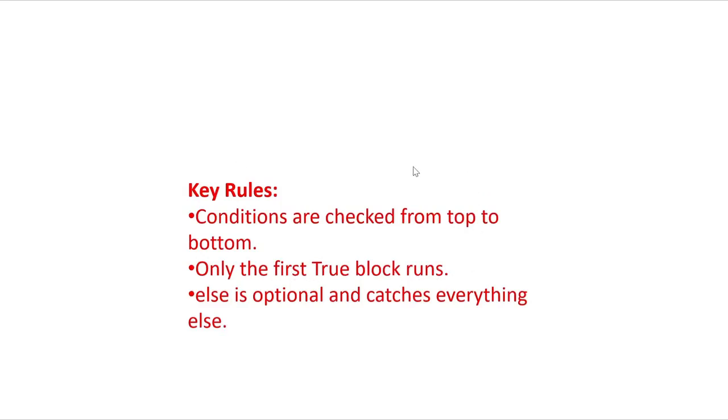If a particular condition is false, it doesn't run. The other rule is that else is optional and it catches everything else. You use else to catch everything that is not covered in the elif.